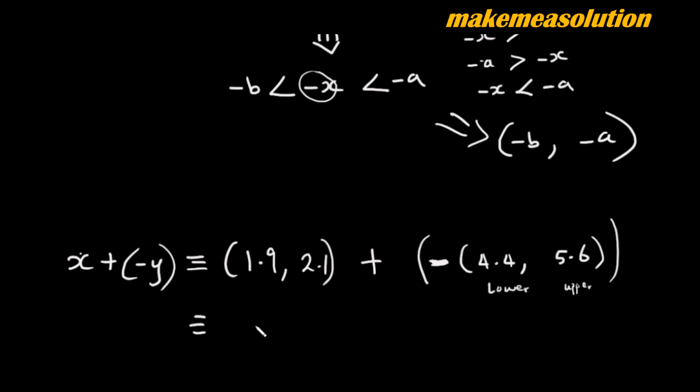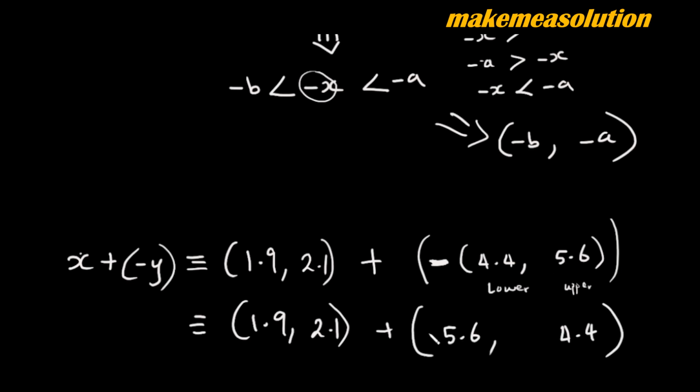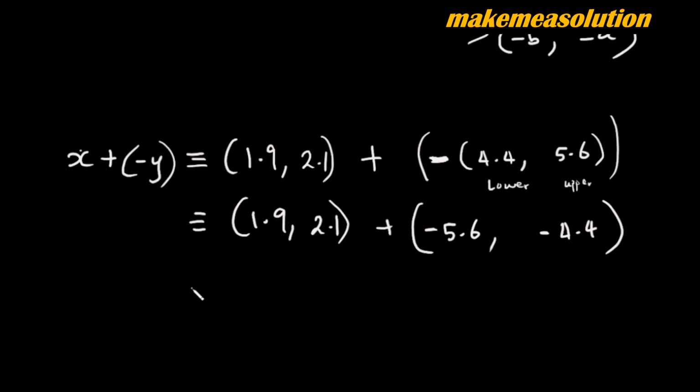So if the negative sign reverses the limit, I have 1.9, then 2.1, then plus. Then if I apply it to this place, the limit has been reversed. We have 5.6 and 4.4. It doesn't just reverse the limit, it actually negates the limit. So this minus sign does two things on this particular range: it reverses the limit and it negates the range as well, so that at this point I am now comfortable to apply the former technique of just adding.